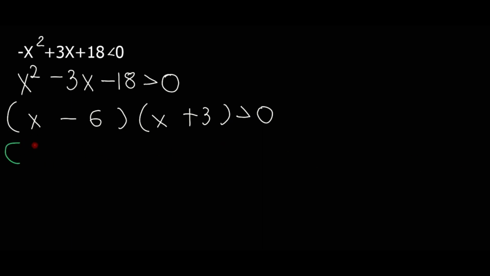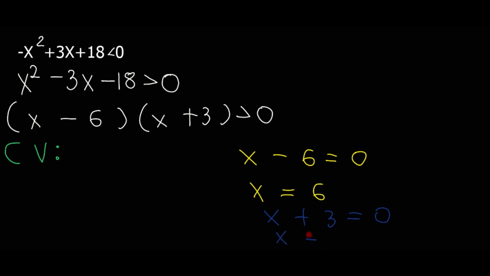When we find the critical values, you can see that x minus 6 is equal to 0, so x is 6, and for the other one, x plus 3 is equal to 0, so x is equal to -3. So our critical values are +6 and -3.